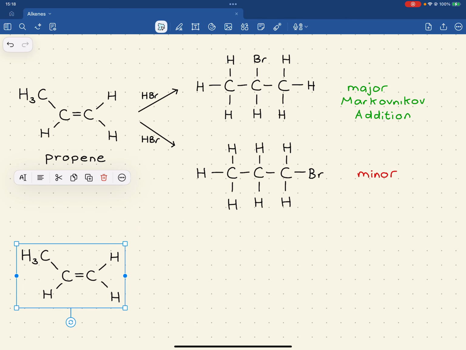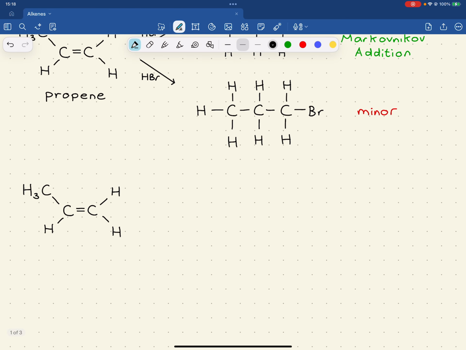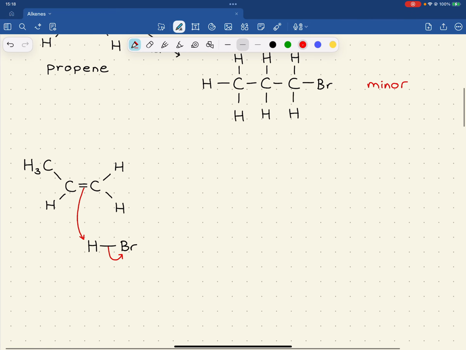So let's get propene, and if that reacts with HBr in a similar way to what we looked at with ethene, again, base of the arrow from the centre of the carbon-carbon double bond, from the pi bond, and we break the HBr bond.